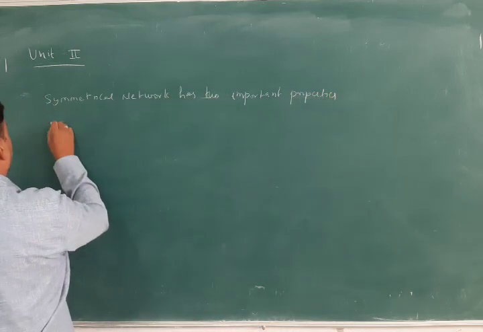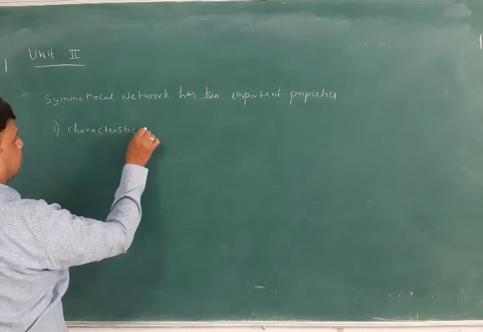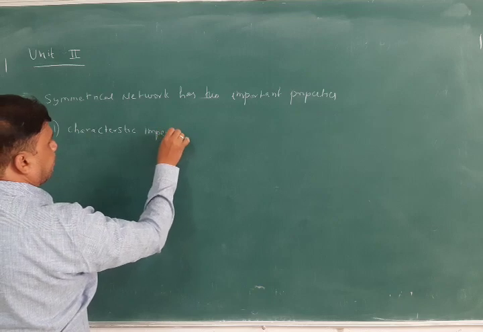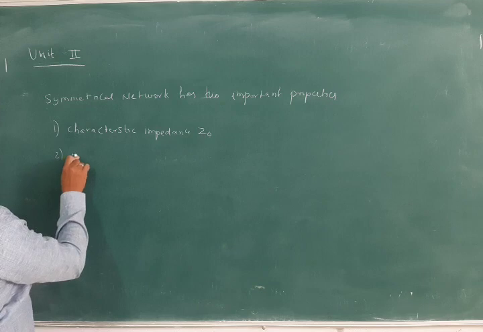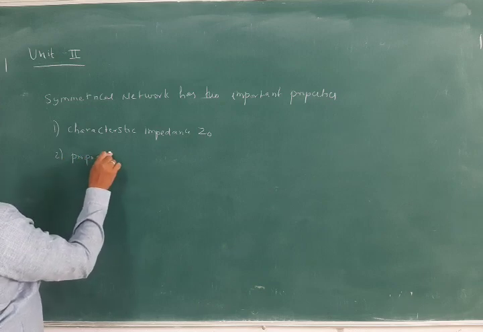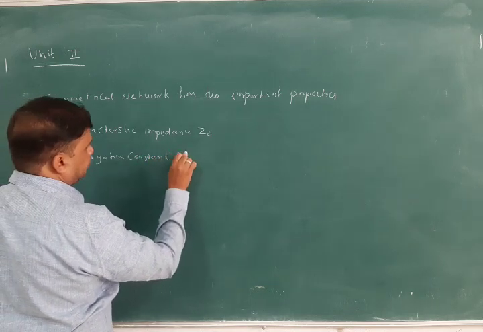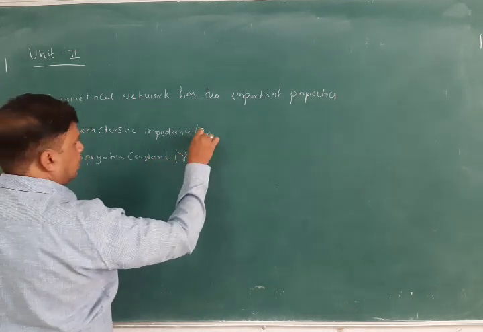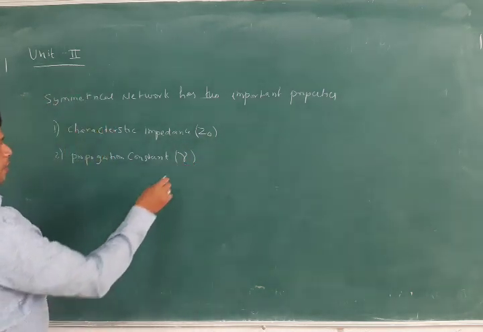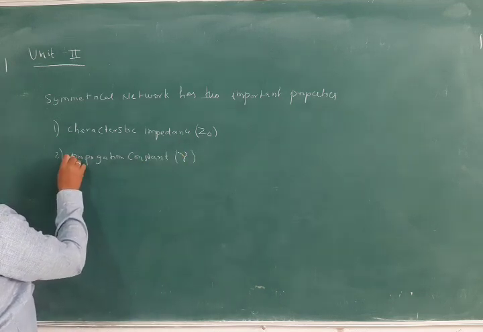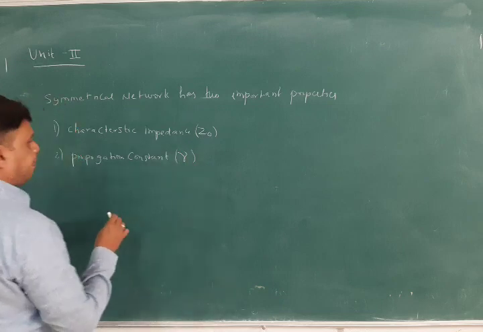One is the characteristic impedance Z0 and the other is the propagation constant gamma. So characteristic impedance is given by Z0 and propagation constant is given by gamma here. Now we will see what a characteristic impedance is.